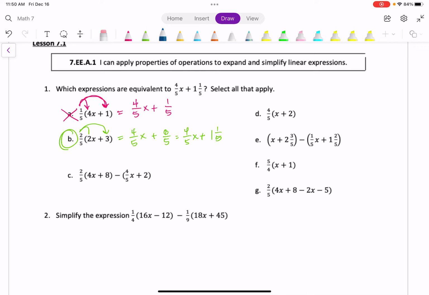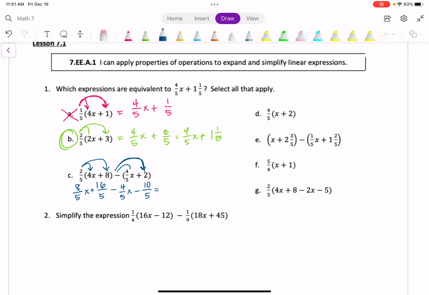Letter C, 2/5 times 4 is 8/5 x. 2/5 times 8 is 16/5 minus 4/5 x minus 2 or 10/5. Right? Because I'm subtracting what's inside here.